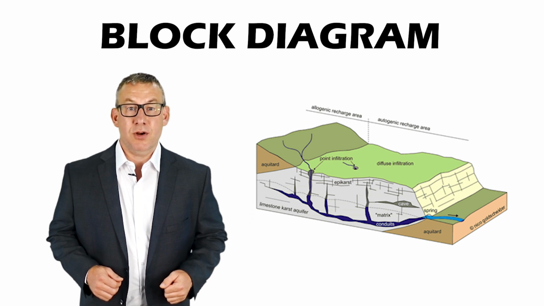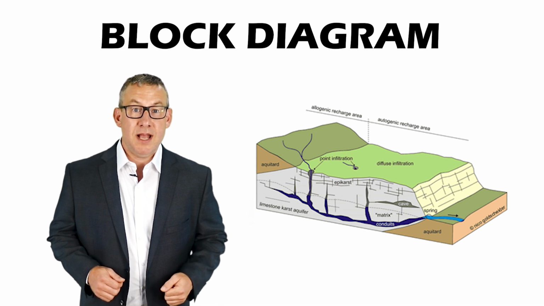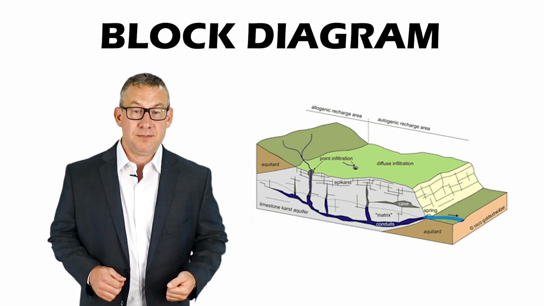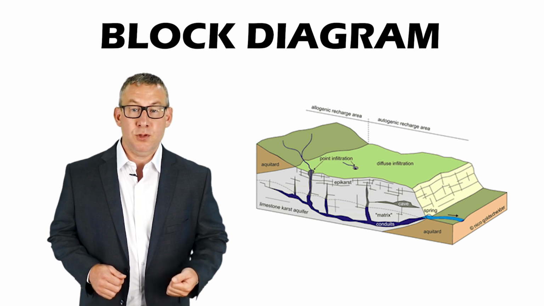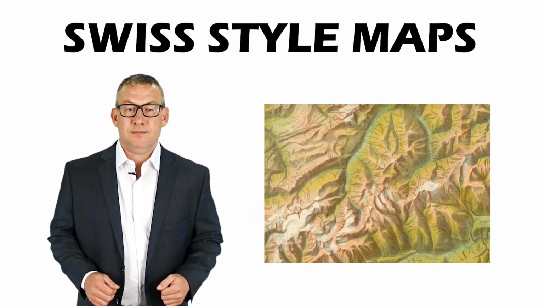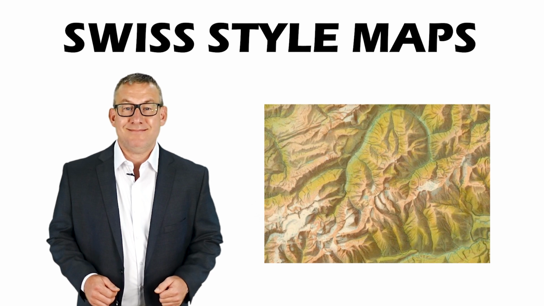A block diagram. A block diagram is an oblique view of terrain that also includes cutaway views of the subsurface. A block diagram often portrays a view along the edges of the map's extent. A Swiss-style map.